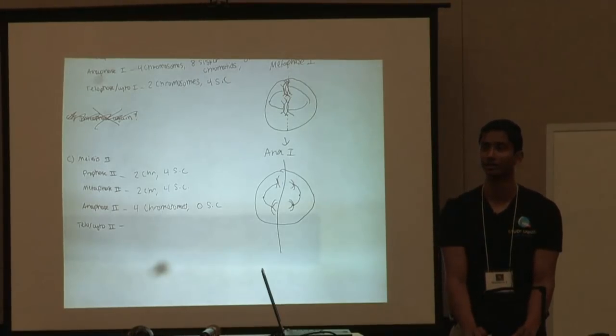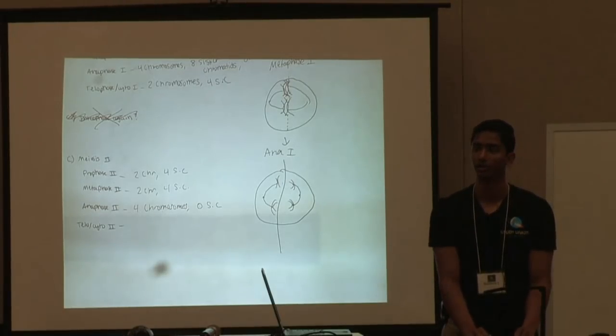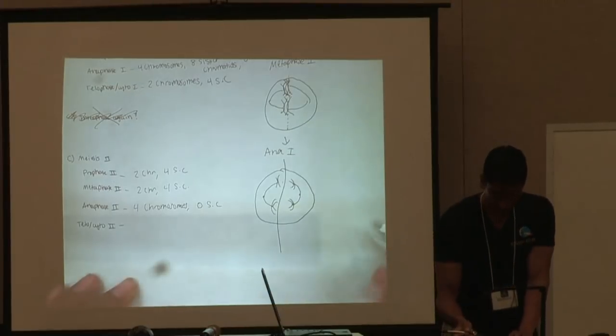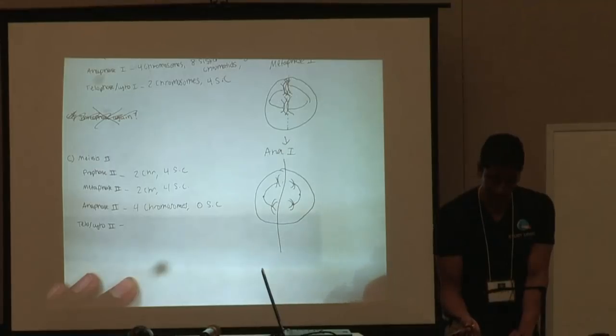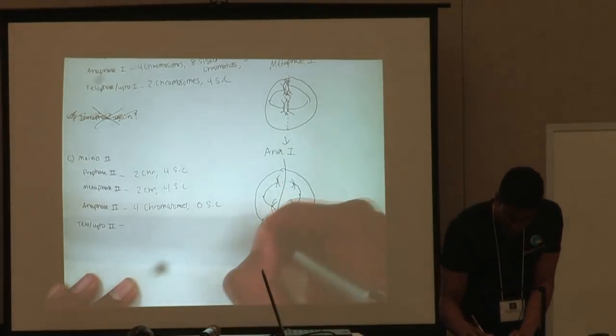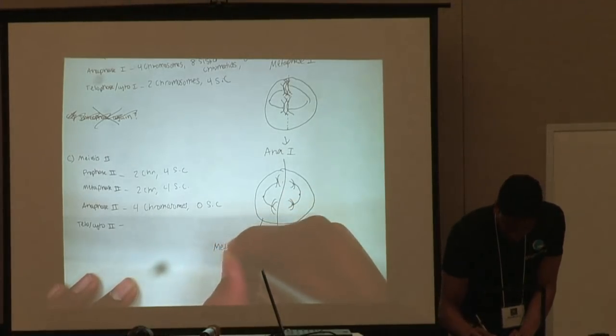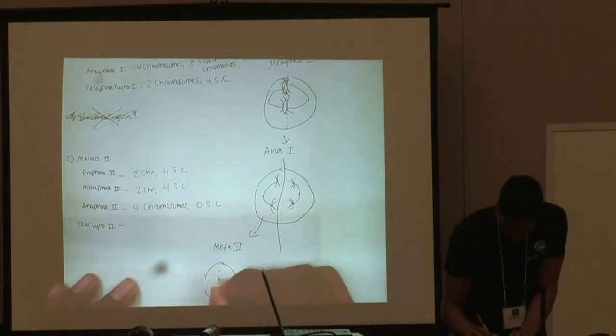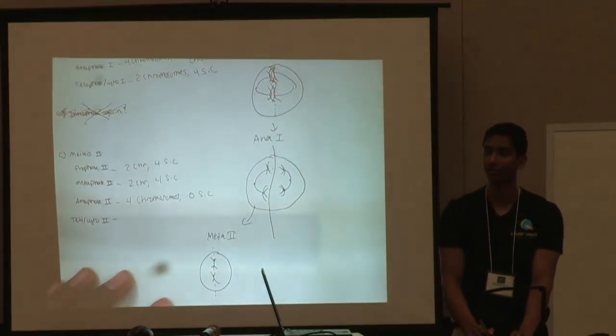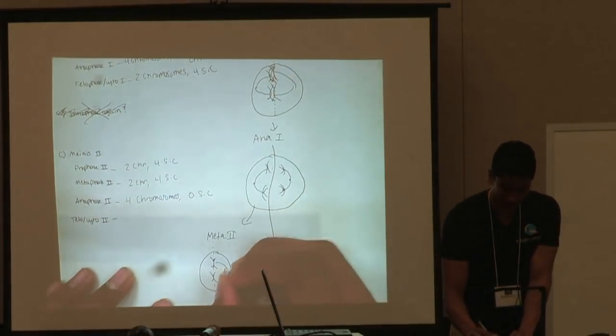Yeah, do you have a question? Okay. So I'm just going to skip down to metaphase 2. So it looks like this, right, per cell. So then these attach, right?